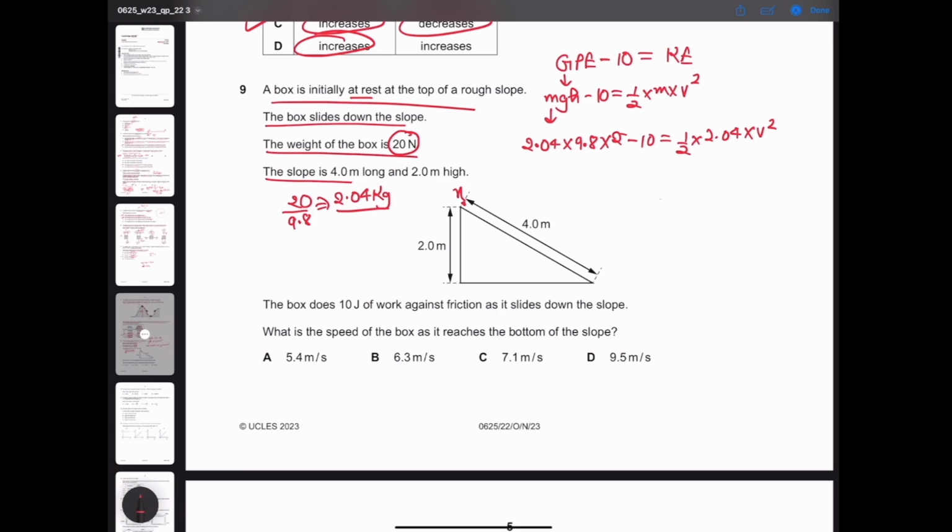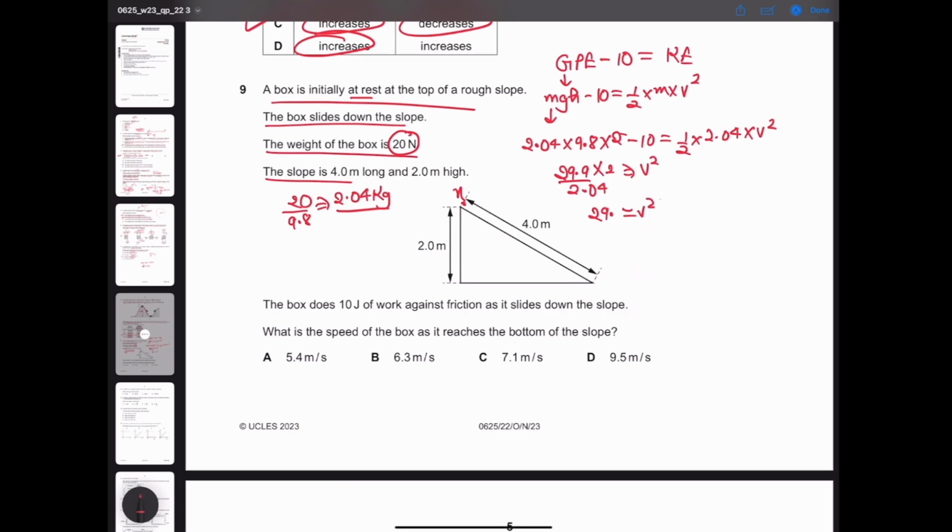So this is coming out to be 29.9, let's say. And then times 2 divided by 2.04 is equal to v squared. It is coming out to be 29 point something is equal to v squared.